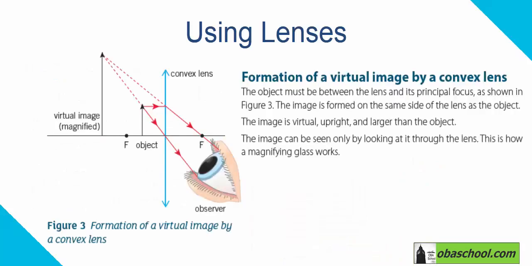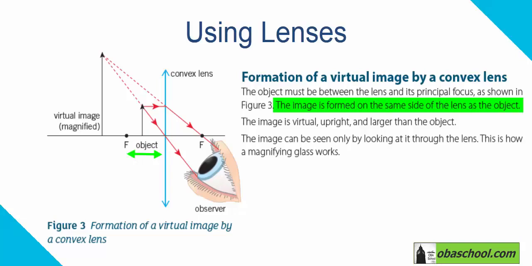Now, let's see how the virtual image will be formed by the convex lens. As you can see here in figure 3, the object must be between the lens and the principal focus as shown. The image will be formed on the same side of the lens as the object. Why?